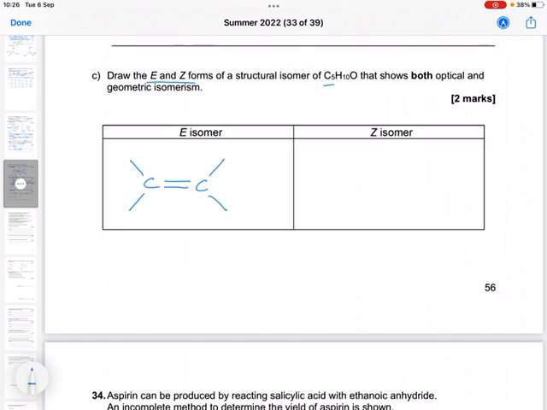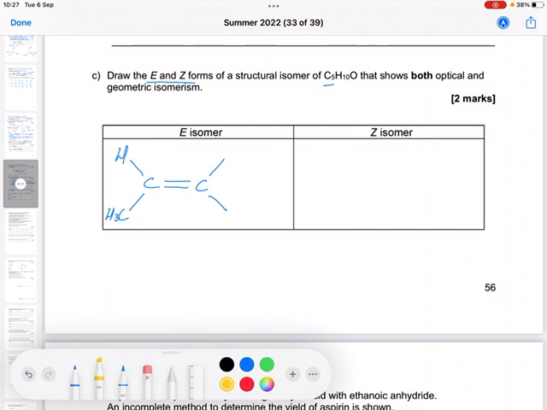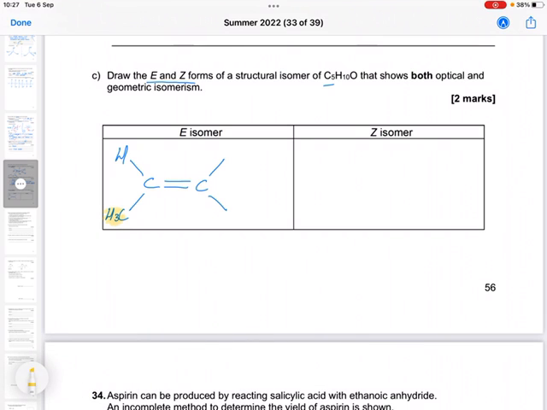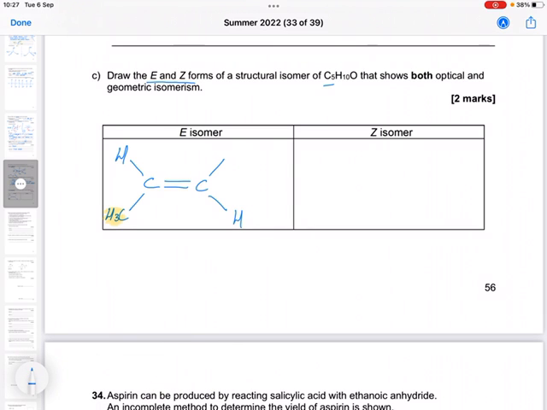So let's put a methyl there and a hydrogen there. So this is going to give me my 2 different groups. And obviously, let me just highlight. So this is going to be my priority group on this side. So Z is same side, so E is going to be on opposite sides. So if I put my hydrogen here, and then everything else has got to go here.